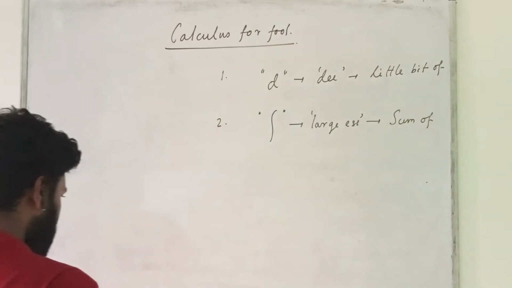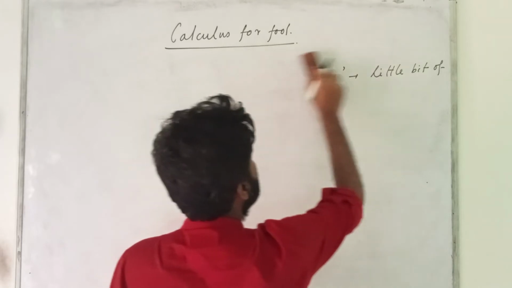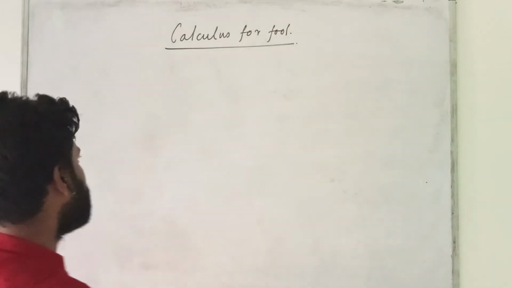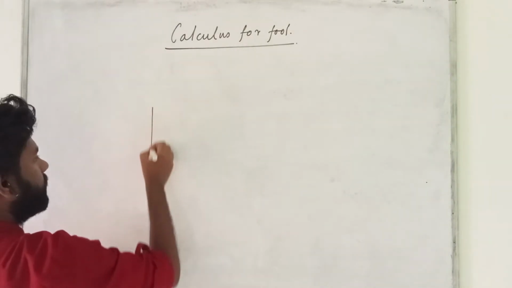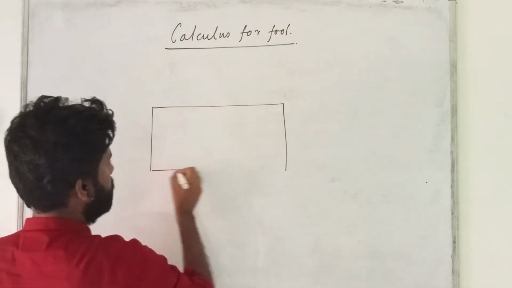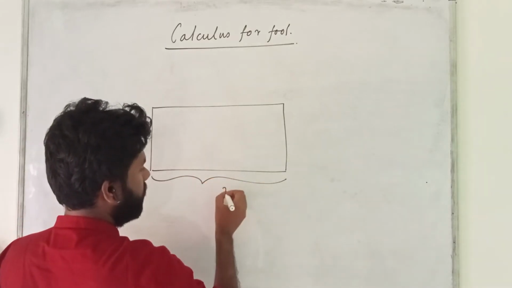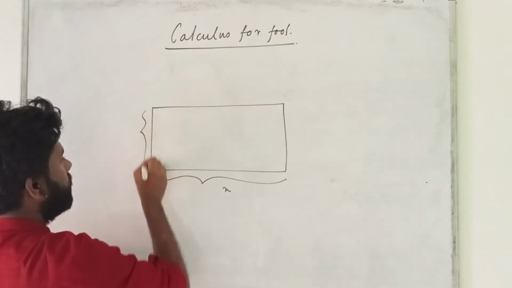Okay. So there is a geometrical example. There is a rectangle of length x and breadth y.